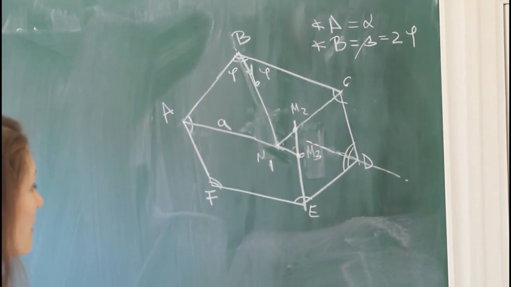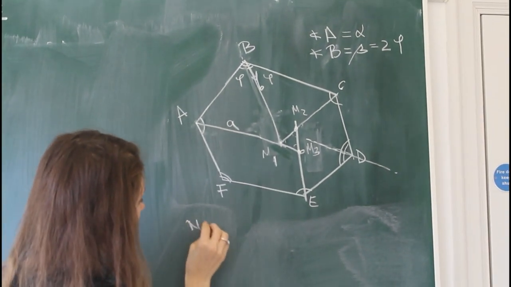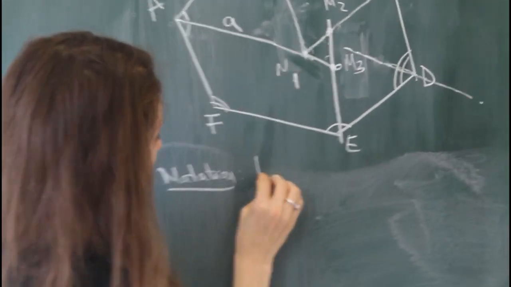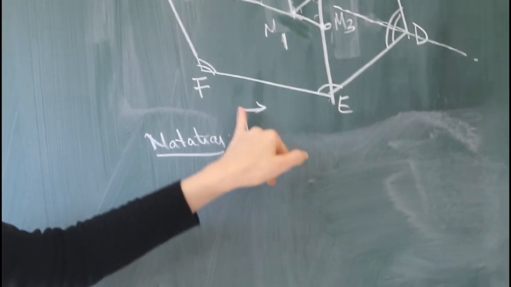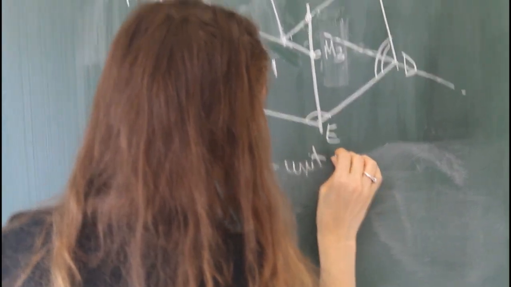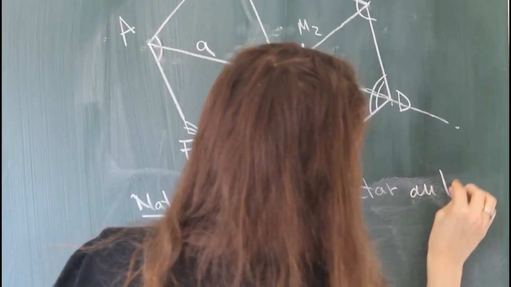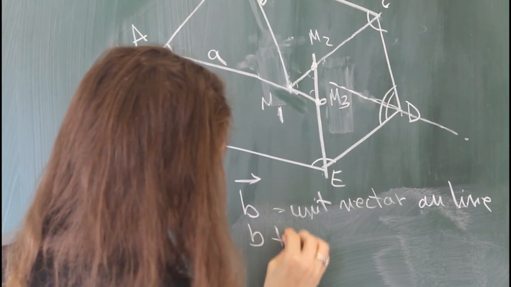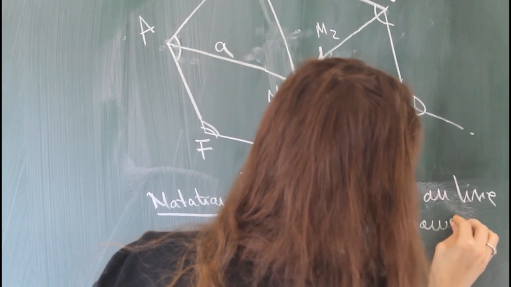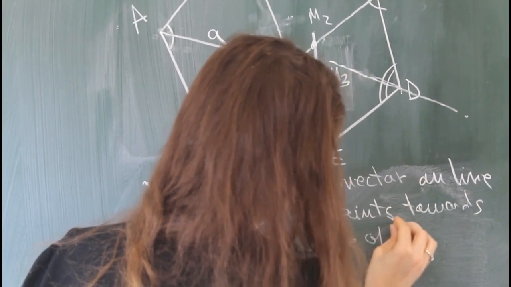Okay, another piece of notation, for all these bisectors A, B, C, D, E, we write little b vector for the unit vector on line B that points towards the center of the hexagon.